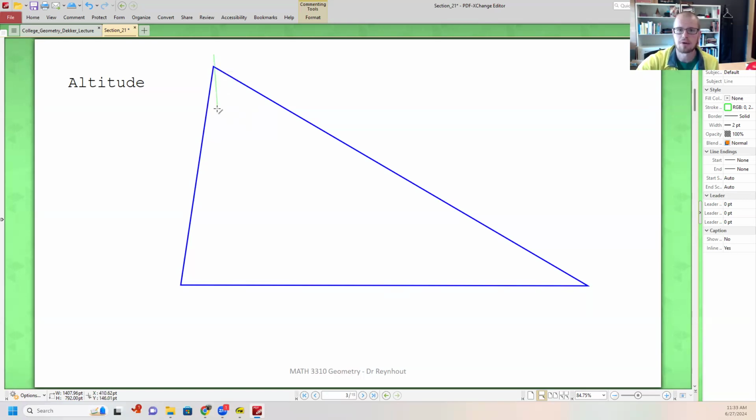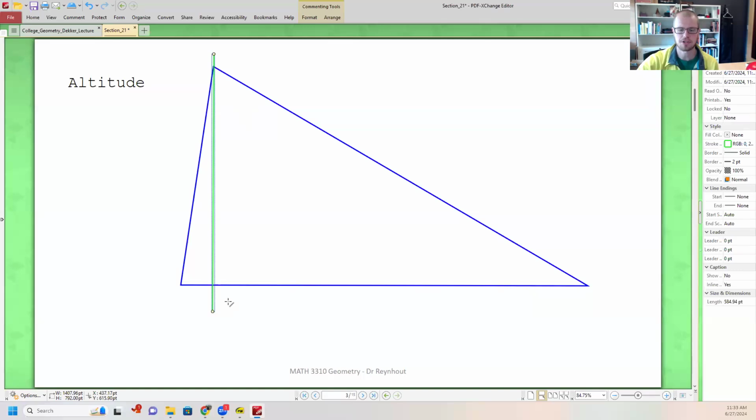So if I wanted to pass through this corner, and is this perpendicular? No, perpendicular somewhere around there. That looks pretty good. So we're making a perpendicular, or this line and that line are perpendicular, making a 90-degree angle there, passing through that. So that altitude is fun, pretty basic and straightforward.